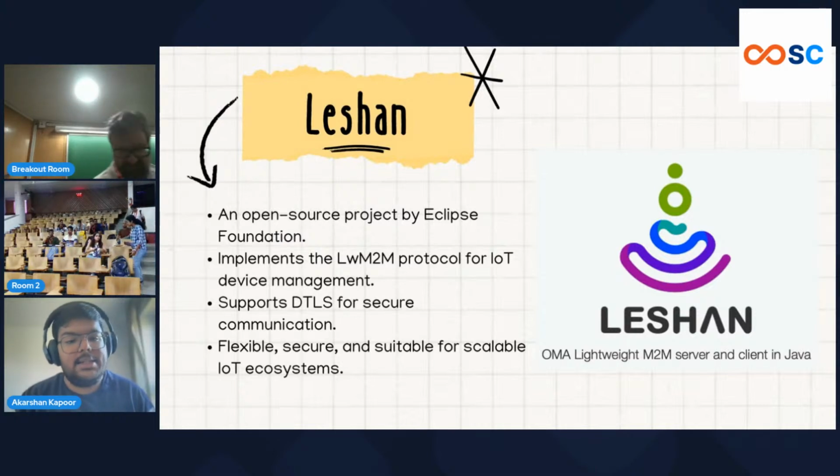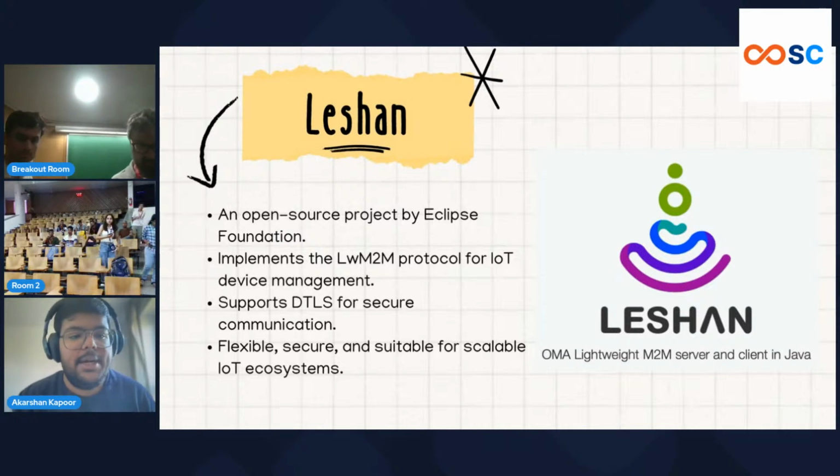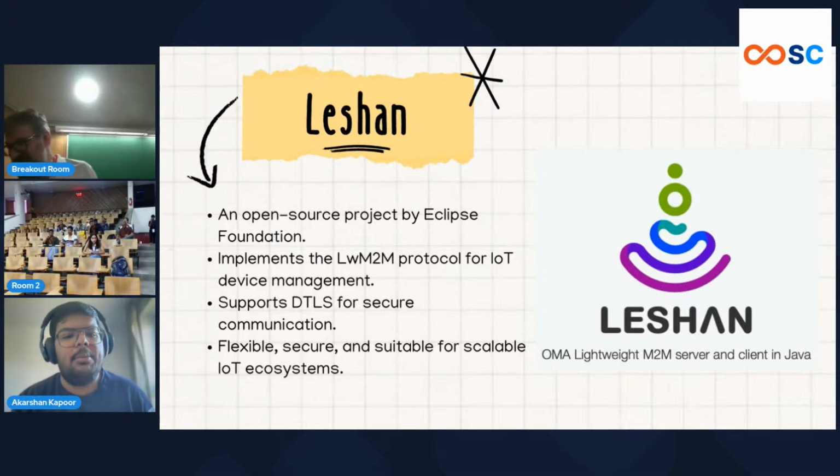The documentation is available on the Eclipse Foundation website. So you can go ahead and basically read about the LWM2M protocol and learn about how LWM2M is implemented through Lation. So this is one open source system that we're trying to include. So we had the LWM2M protocol. We found an open source system called Lation, which implements the LWM2M protocol.